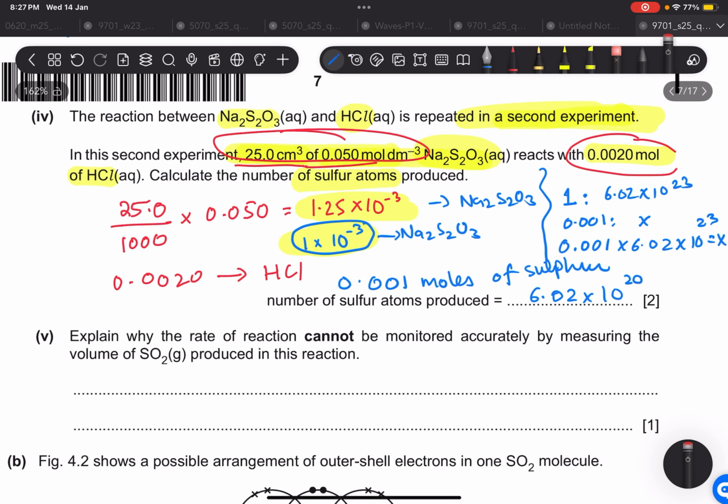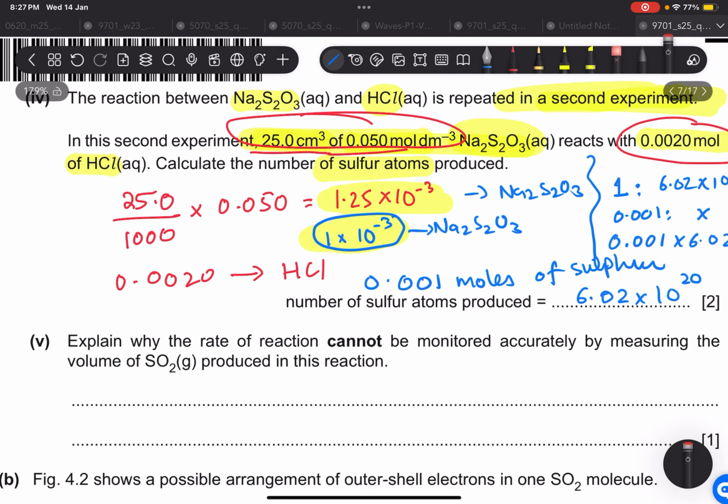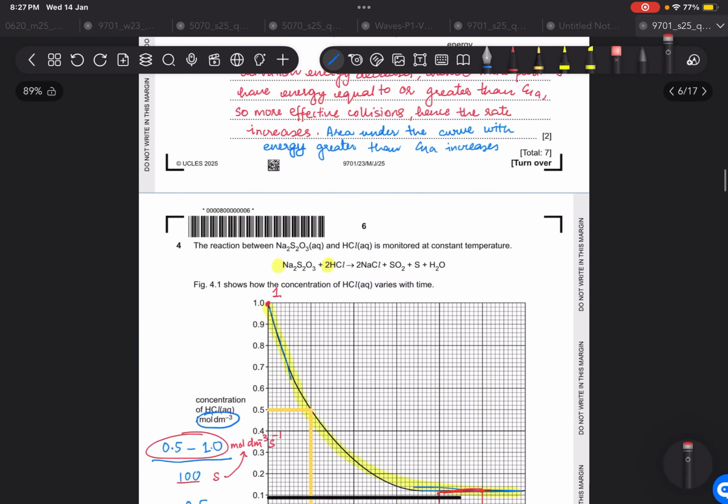Next question states, explain why the rate of the reaction cannot be monitored accurately by measuring the volume of SO2 produced in this reaction. Okay, so let's see.